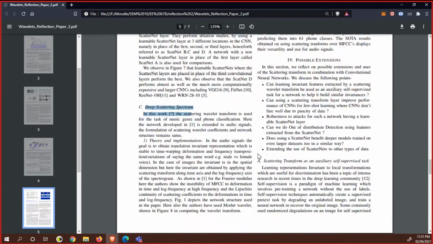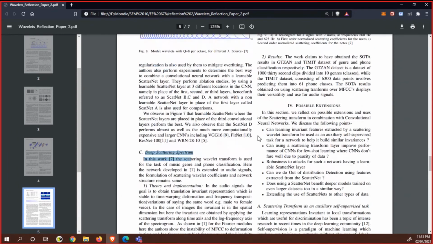For example, if a male says a particular word, compared to a female, the pitch of a female is higher than that of a male. That creates a difference between these two, and we want our model to be robust to it when we are classifying, since they are speaking the same word.